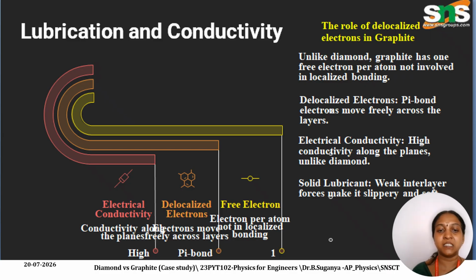It also has a lubricating property. Its electrical conductivity is high, and the weaker interlayer forces make it slippery and soft. This is the reason for the softness of graphite.